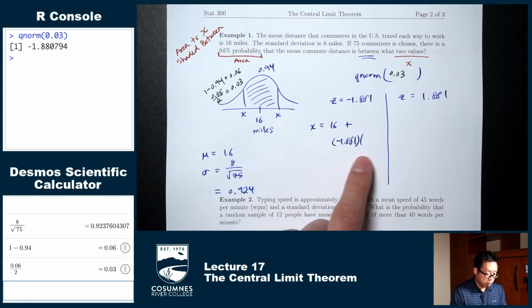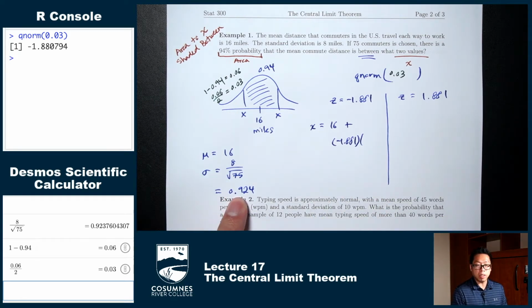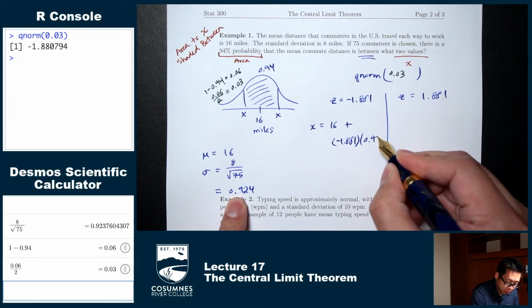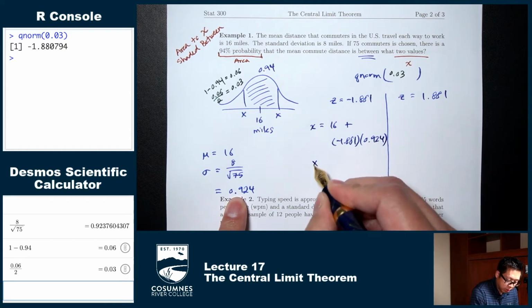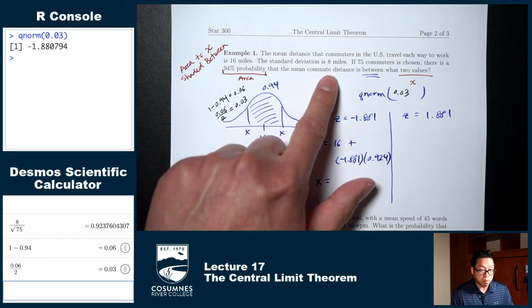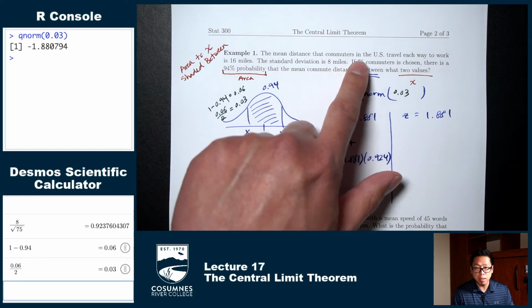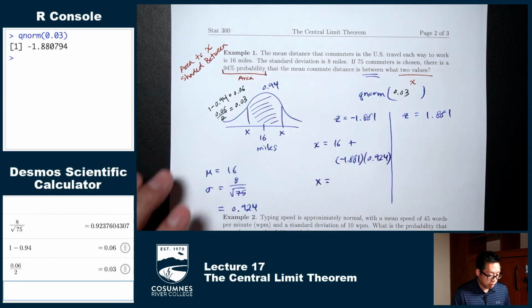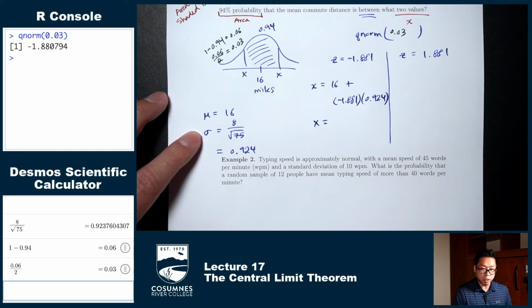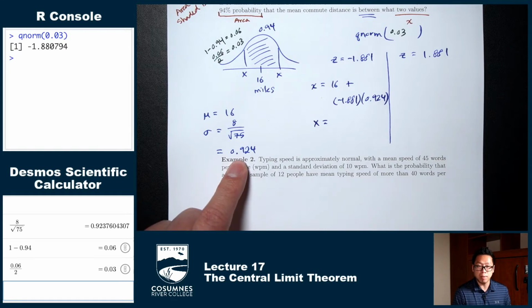Remember, use the standard deviation that you found here, 0.924, and not the original 8. If they give you a sample size, which we do here, 75, you will have to use the adjusted standard deviation.